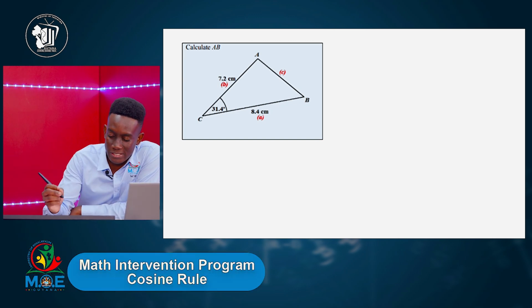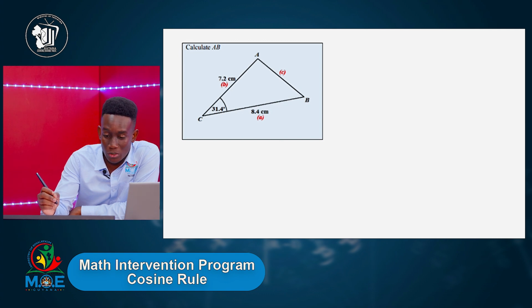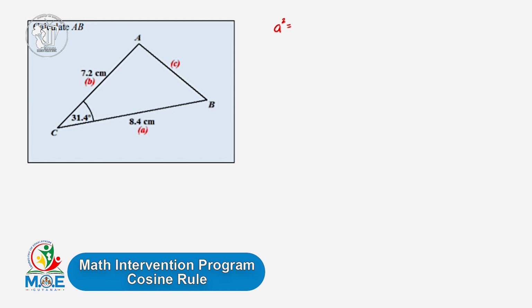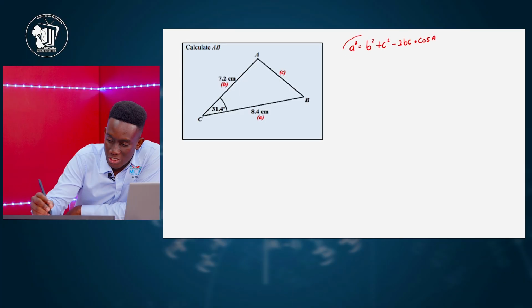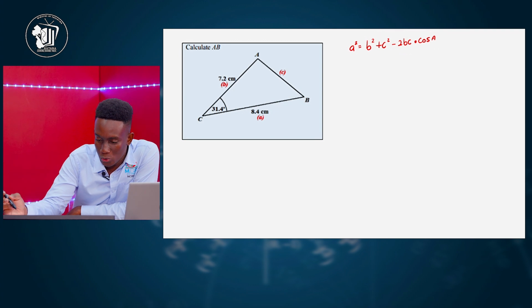The subject of the formula would be the angle or the side that we want to find. In this case, we want to find c, so the subject of the formula must be c. The general rule was a squared is equal to b squared plus c squared minus 2bc multiplied by cos A. But of course, we don't want to find side a because we are given side a.